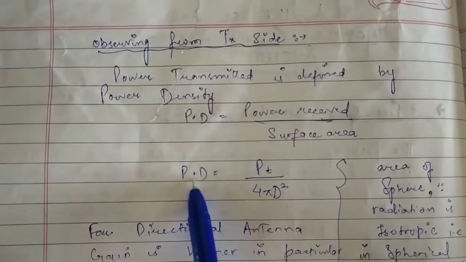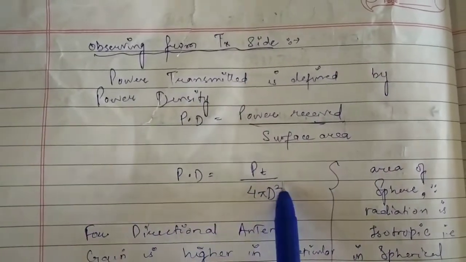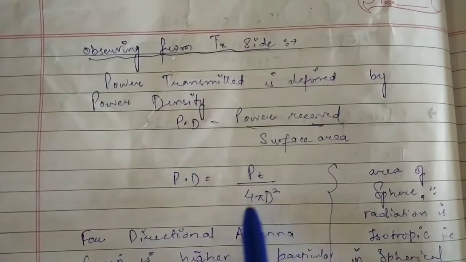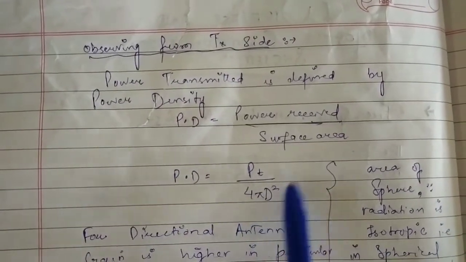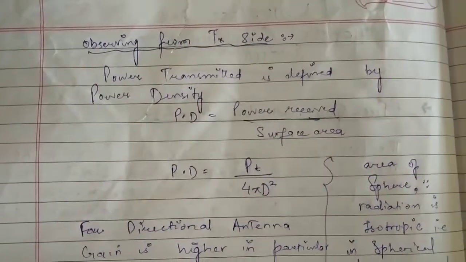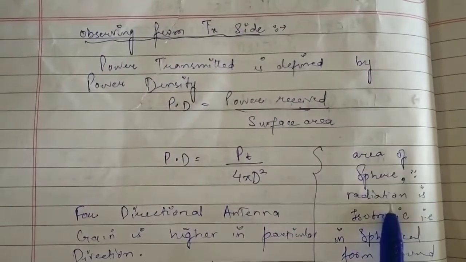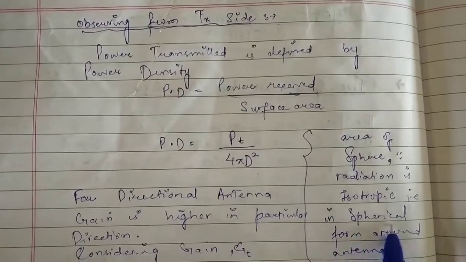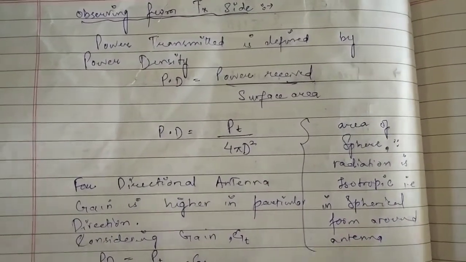It can also be written as PD, power density, is equal to PT divided by 4 pi d square, which is the surface area of a sphere.